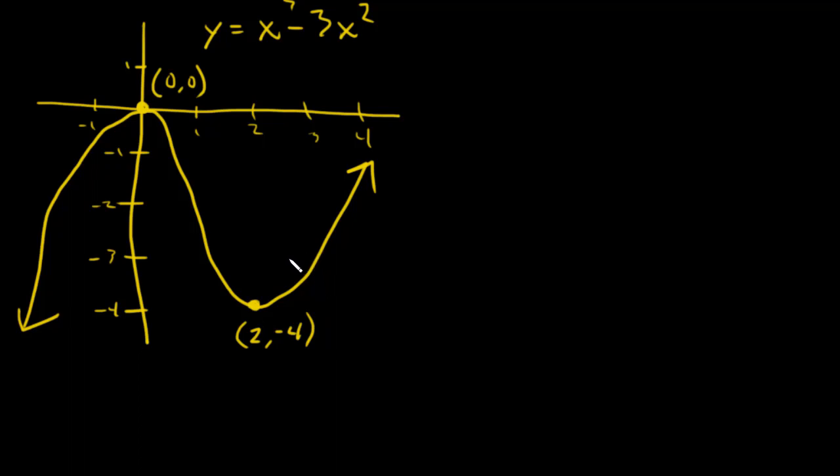Now, if we want to find the locations, this is the big part right here, of where these local mins and maxes occur, where the local extrema occur, look at the graph very carefully and think about what we've been going over for a while now in calculus. Is there anything that the minimum here has and the maximum value here has that would allow us to figure out where they're located by doing some sort of calculus?